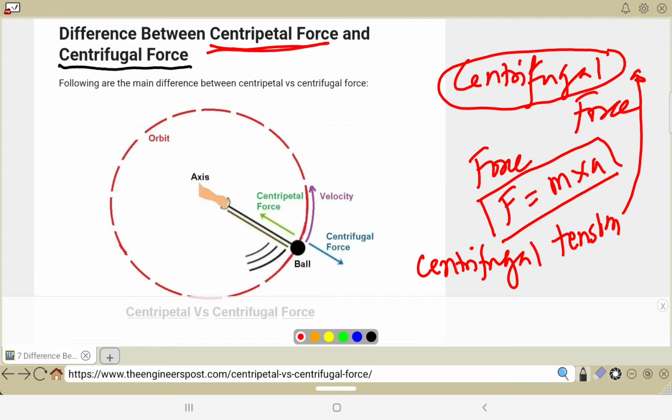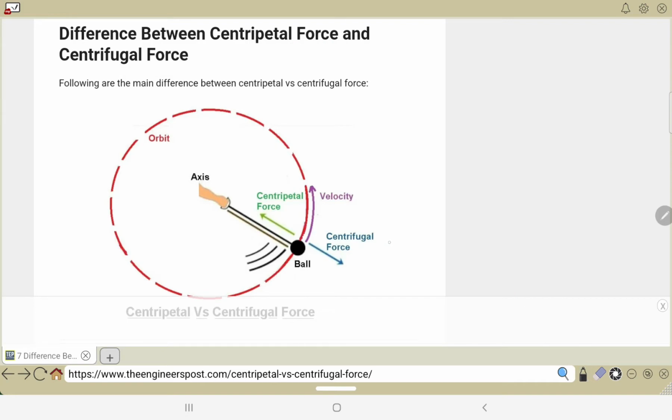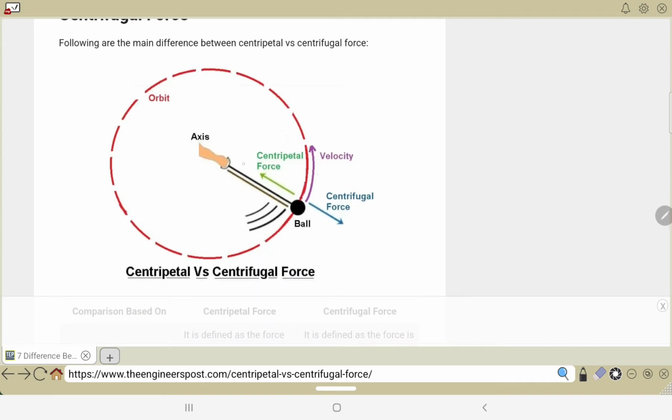So let us understand first what is meant by centripetal force. In this particular figure, you will see both of these forces.